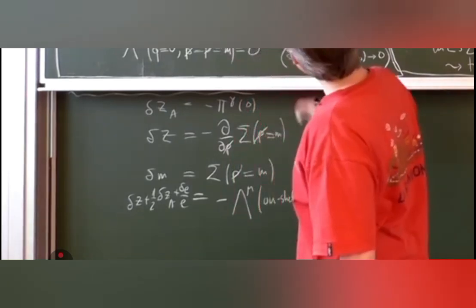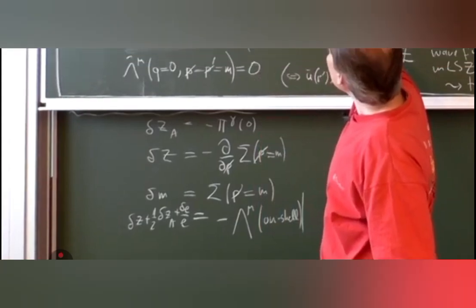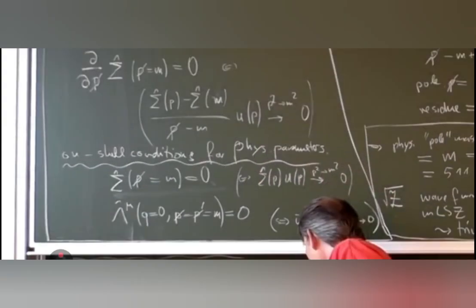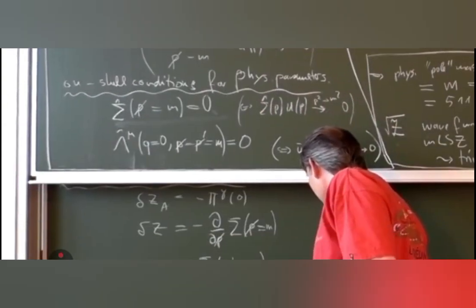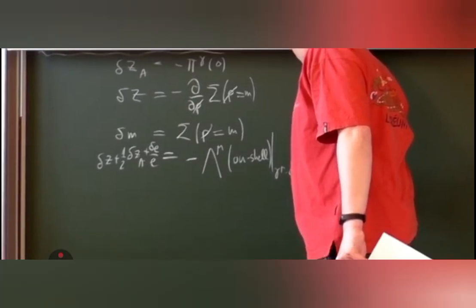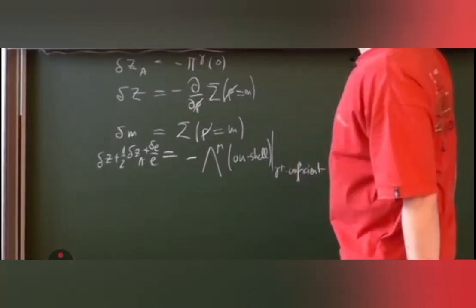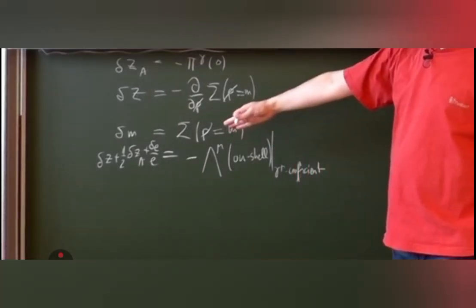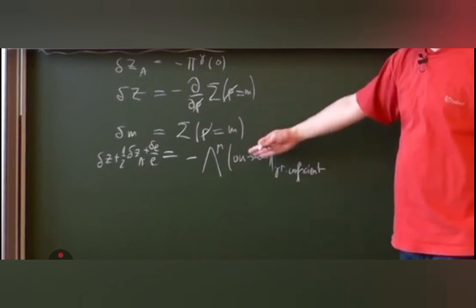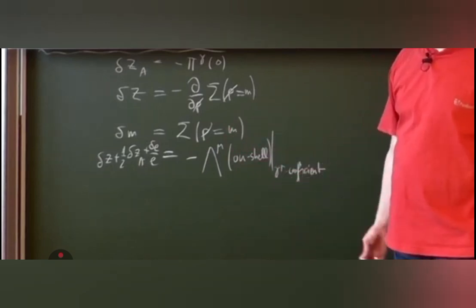And we have to extract the gamma mu part, so the gamma mu coefficient from this, because the delta z combination times gamma mu must be equal to minus lambda hat.